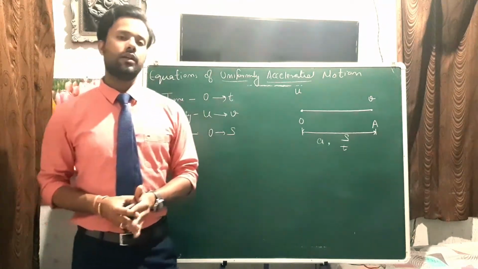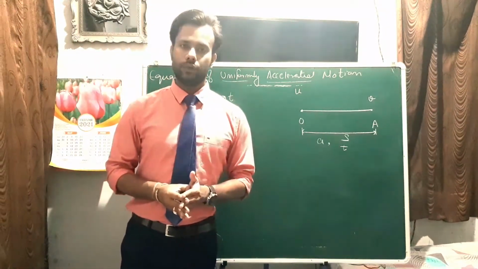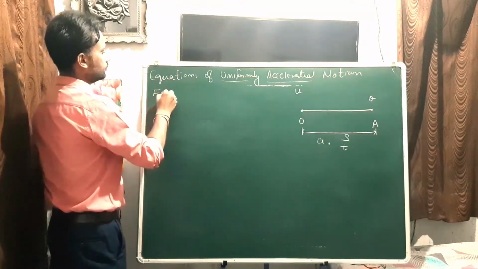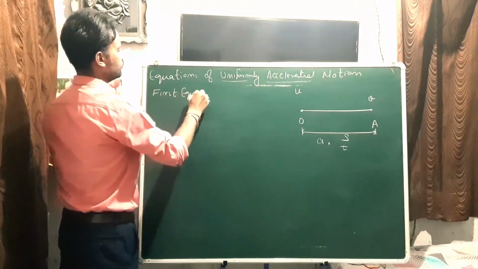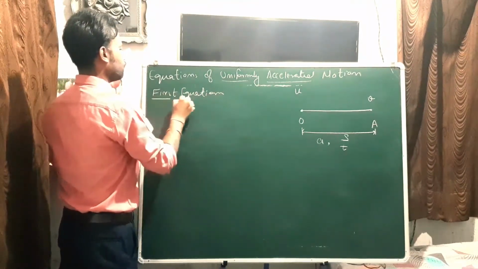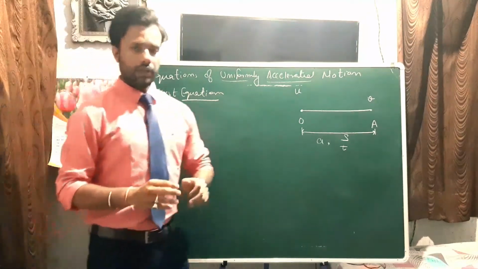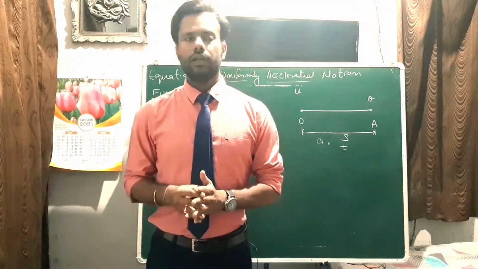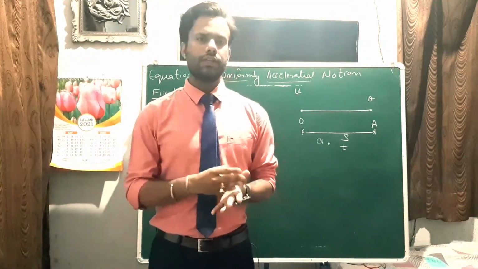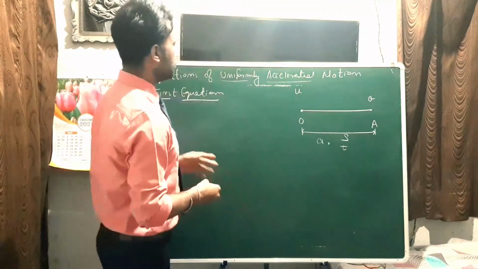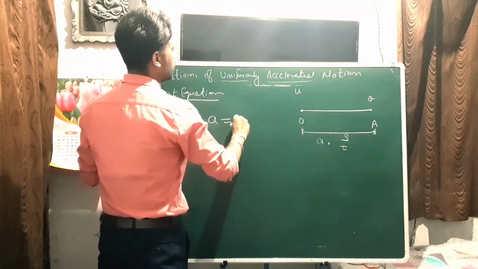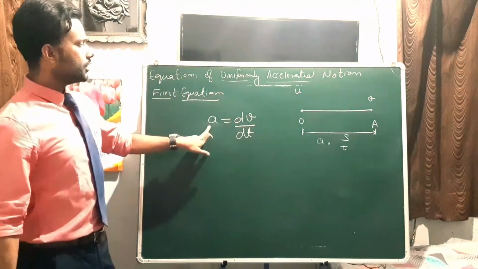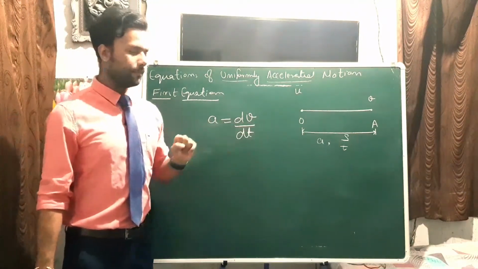So let us start our derivation with the first equation of motion. This equation relates velocity and acceleration. Now, what is the relation between velocity and acceleration in differential form? If you remember, a is nothing but dv upon dt, right? Acceleration is the differentiation of velocity with respect to time.